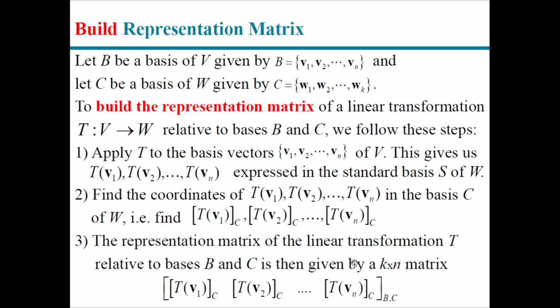This notation simply says that the input space basis was B, and the output space basis was C. So what I have in the columns here are the coordinates in basis C of the images of the basis vectors from the domain.